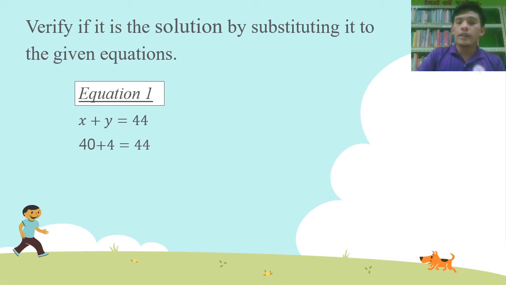We substitute the value of our x, which is 40, and the value of y, which is 4, from our intersection point. Then 40 plus 4 is equal to 44. And that is equal to 44 also. Therefore, 40 and 4 is true.